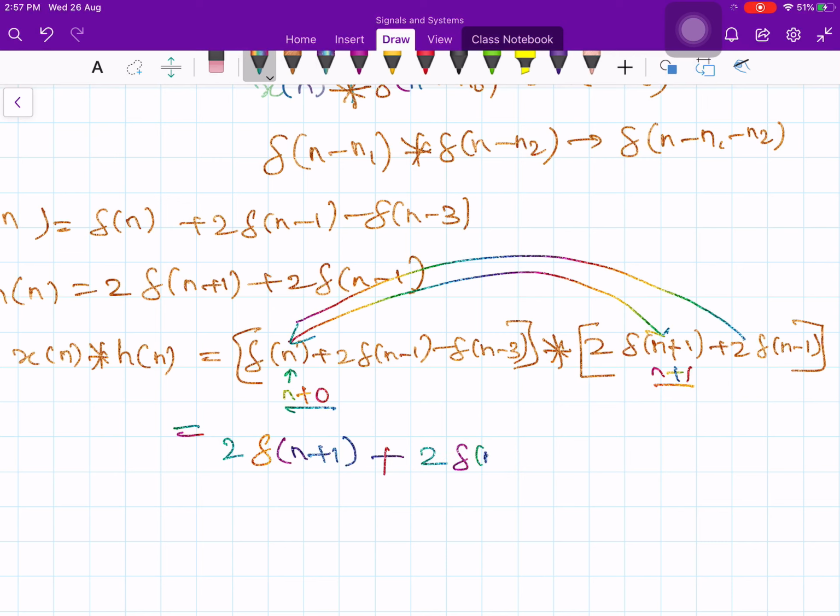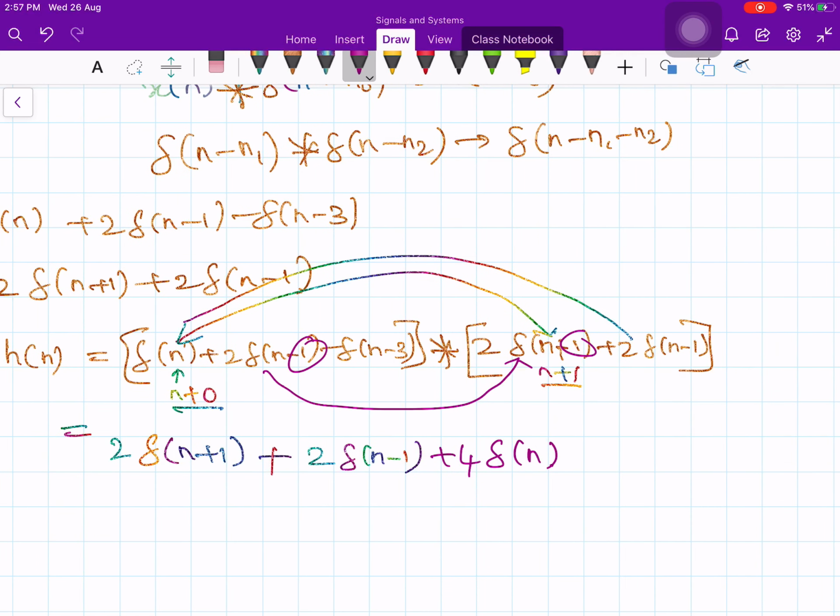Now 2 times del of n minus 1 convolved with 2 times del of n plus 1: here minus 1, there plus 1, so 2 times 2 is 4, and it is del of n. And now take the last del of n minus 3 term, and do it here. Minus 1 times 2 is minus 2, and the arguments give n minus 2, so 4 times del of n minus 2.